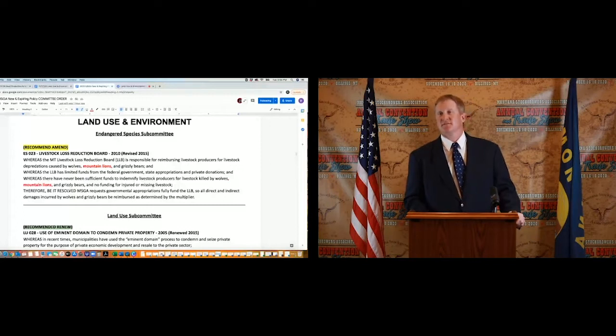Let's call for it. So this would be the statute change to add mountain lions to the list of predators that the LLB board could reimburse for, so the MSGA could argue for it.